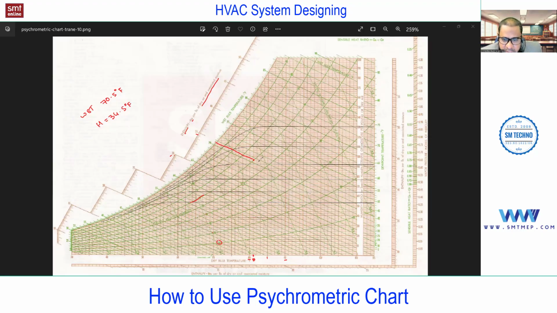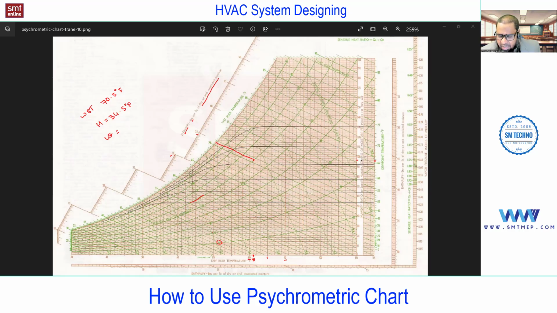Now with this point, if I go straight to the right side with the horizontal orientation, it is somewhat difficult. Yes, I got this. So you see, first of all, what is the humidity ratio? Humidity ratio we can represent with omega or W. It is what? 90, 100.